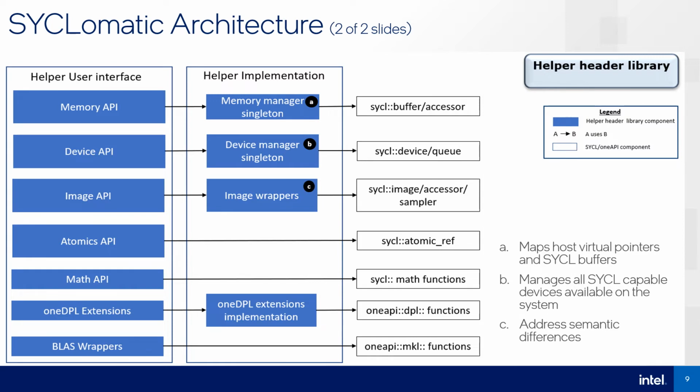The helper user interface includes memory API, device API, image API, atomic API, math API, and some libraries API. Those APIs are wrappers of corresponding SYCL classes and oneAPI library APIs. All the helper functions are implemented in the dpct namespace.